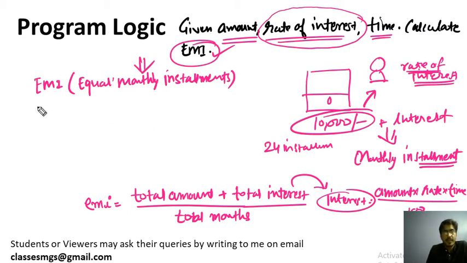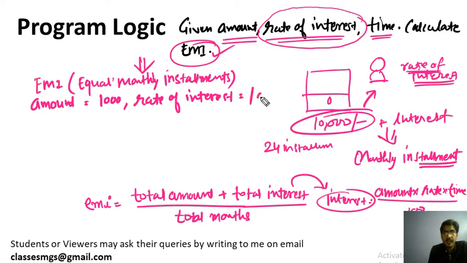Okay, let's suppose the amount given is 1000 rupees, rate of interest is 10%, and time is given as, let's suppose, 12 months.